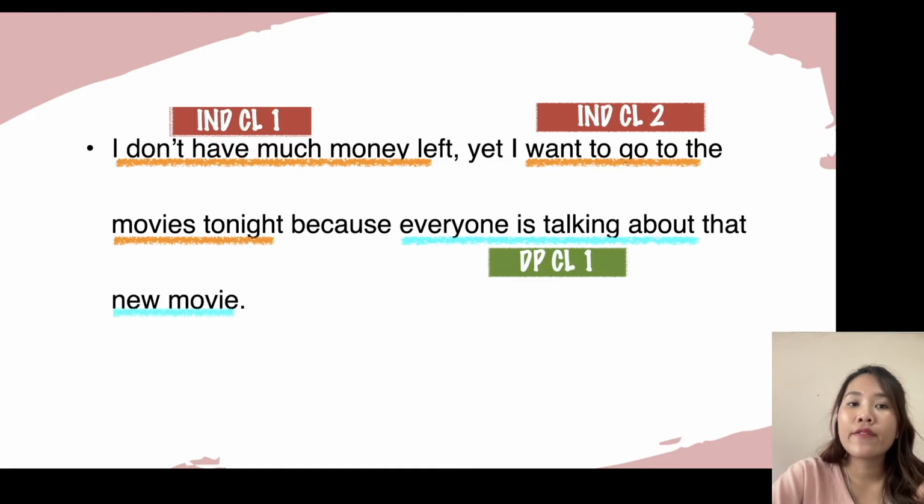Don't forget to count "because" in your dependent clause as well. In the dependent clause, you count the conjunction, but not for the independent clause. So two independent clauses and one dependent clause: it is a compound-complex sentence.